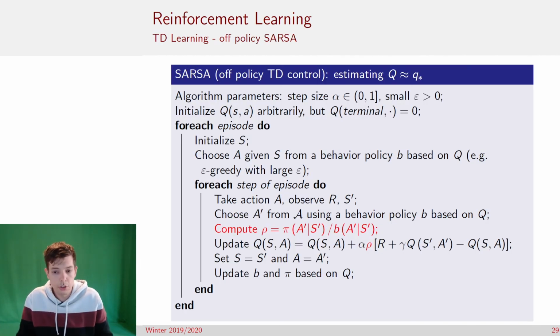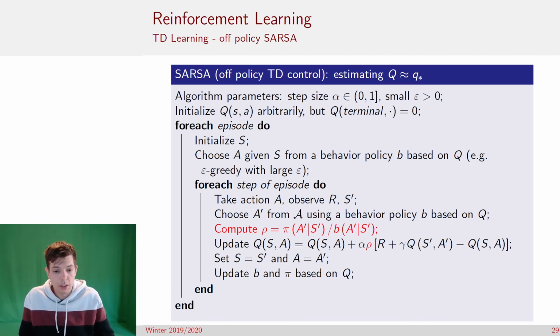Now let's have a short look to sum up today how to incorporate this into the SARSA algorithm, and we can do this super simply. First, we don't choose an action for tomorrow according to policy pi anymore, but according to our behavior policy b.